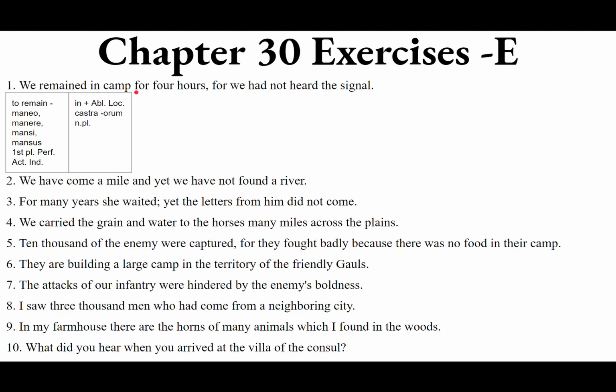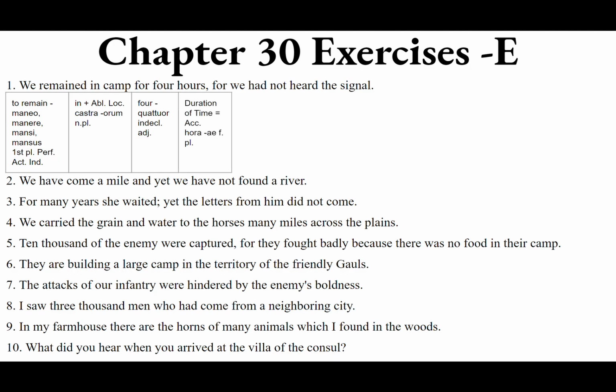This preposition for is showing duration of time. This is how long, for 4 hours, that the action occurred. How long did we remain in the camp? For 4 hours, the duration of 4 hours.